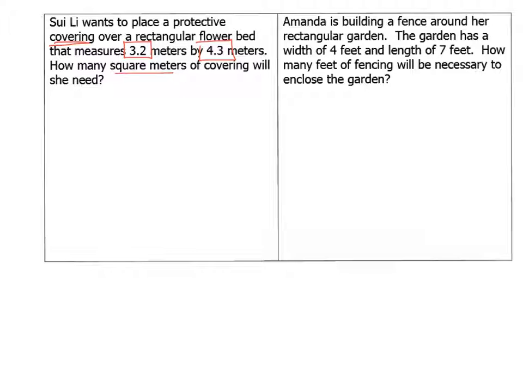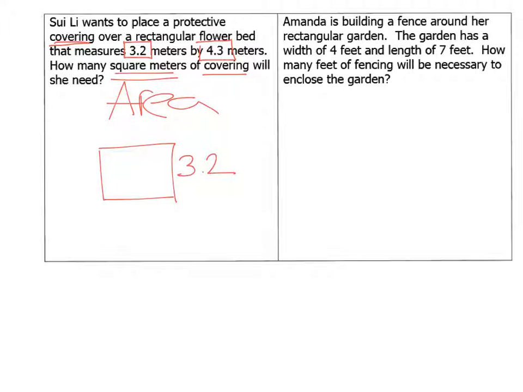How many square meters of covering will she need? I know that this is an area problem because I'm covering something. And in this case, I'm covering a rectangle that is 3 2/10 meters by 4 3/10 meters.